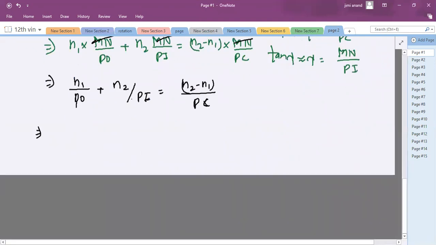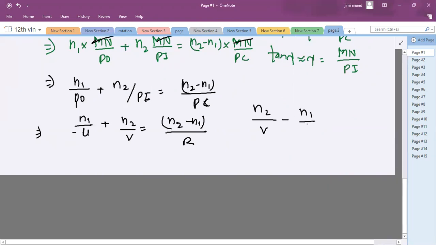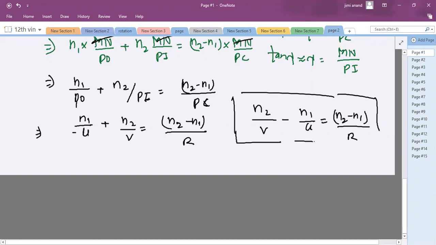PO is minus U, and PI is image distance, that is nothing but V. And PC is the radius of curvature, R. So we have the formula N2 upon V minus N1 upon U is equal to N2 minus N1 upon R. This is the formula we have got in spherical refraction.